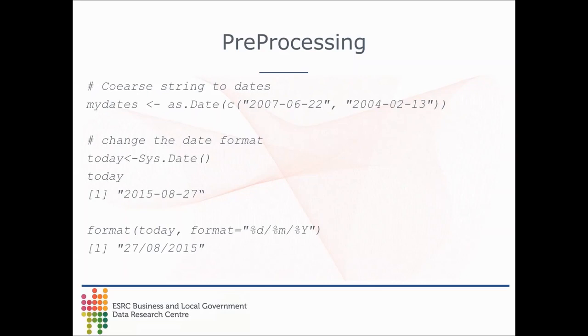But if you're trying to blend that with another data field that may be coming out in a completely different format. So here I'm coercing an array of dates, stored as strings, into a date format using the as.Date function.